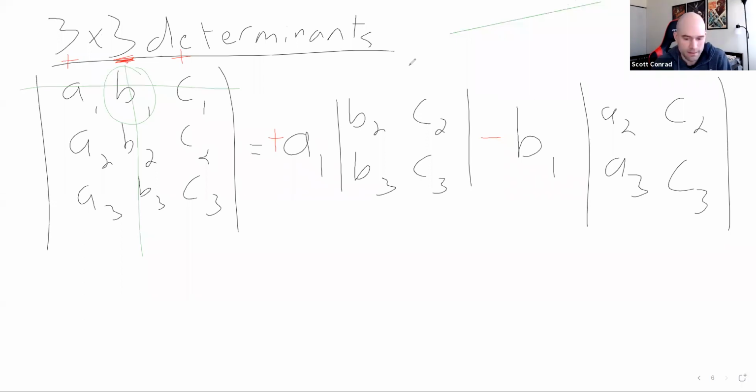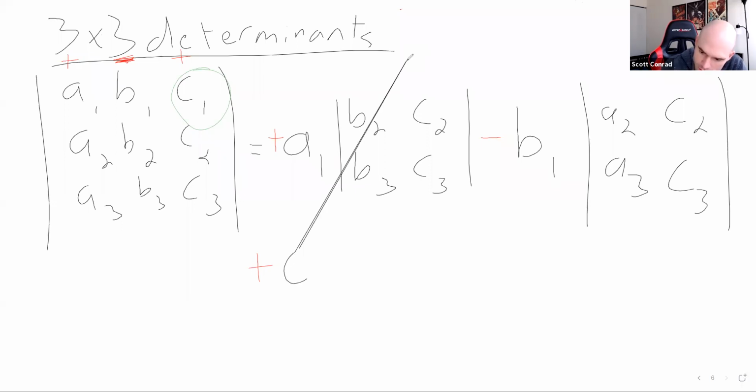And then do the same for the third entry. So plus, sorry, I didn't have enough room on the right, but these are all numbers we're adding up. Plus because we wrote the plus above C1.